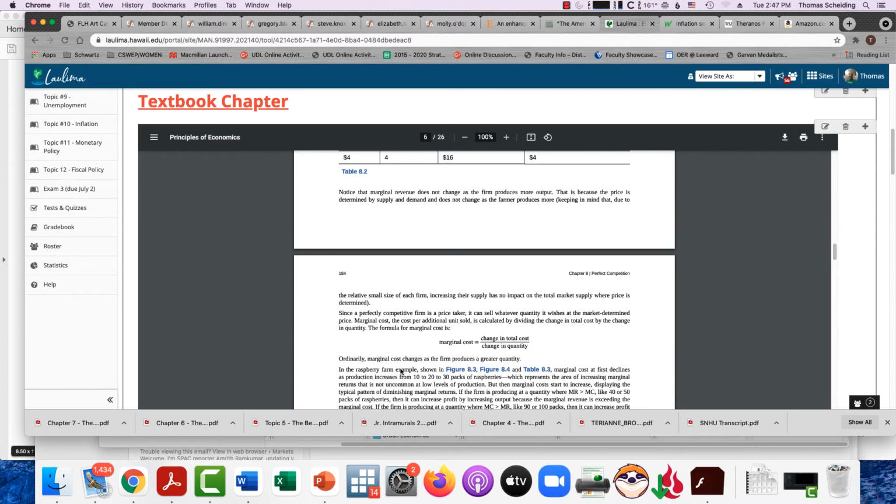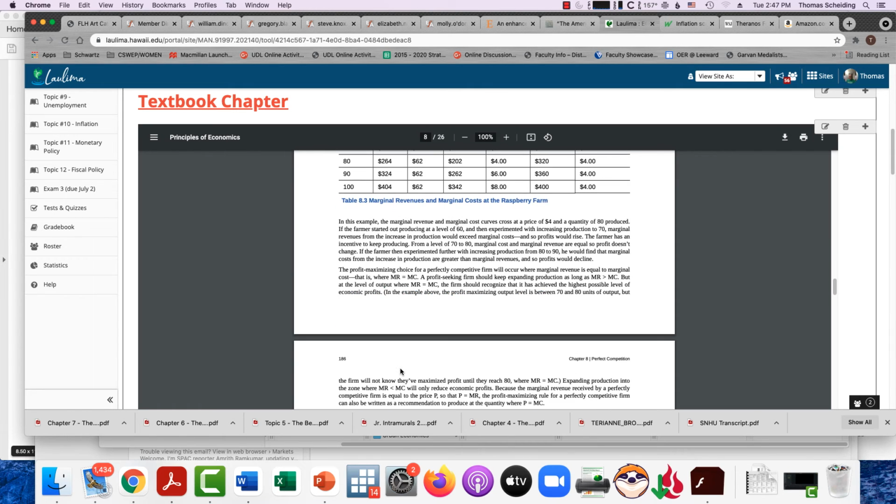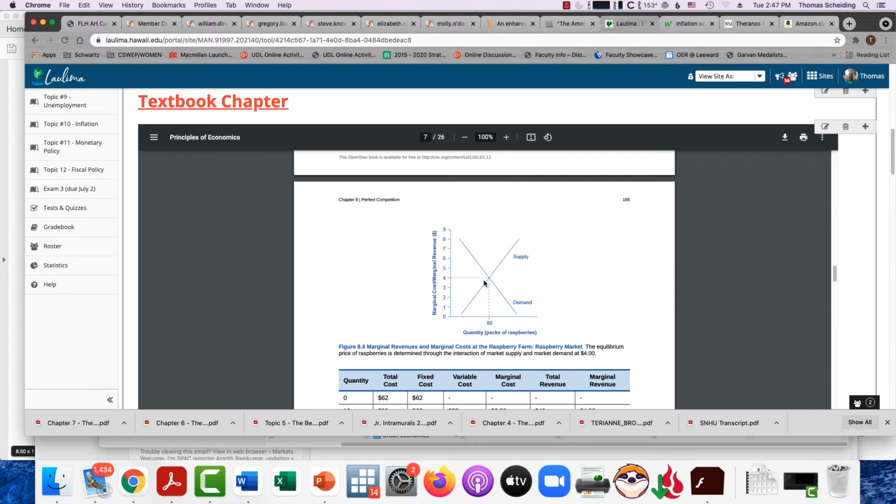And if we look at the picture here that describes this well. So here's my market, where I'm getting the market price for the product, in this case at $4 for raspberries.